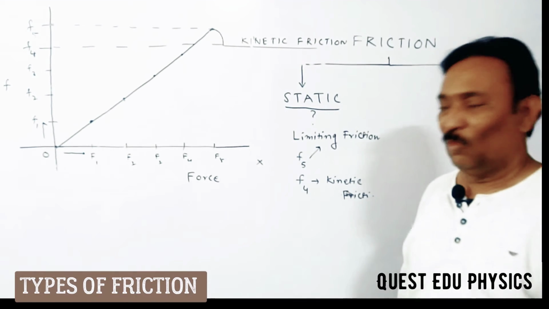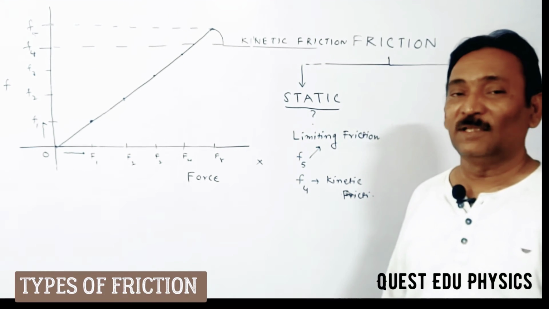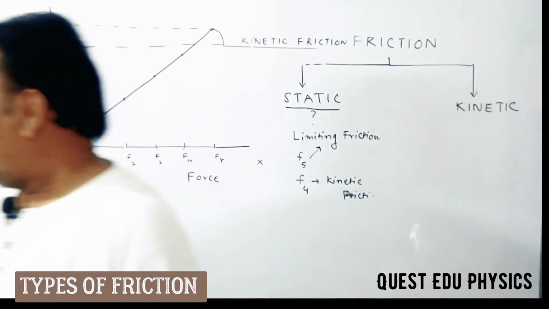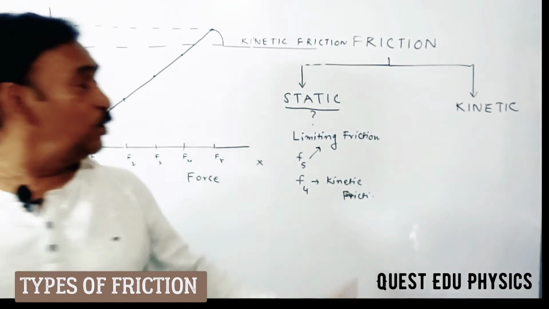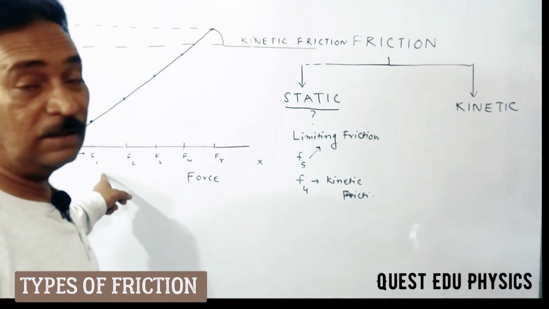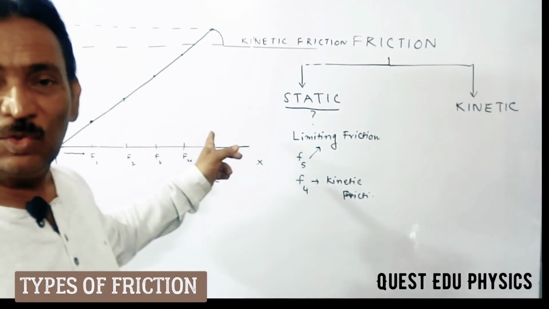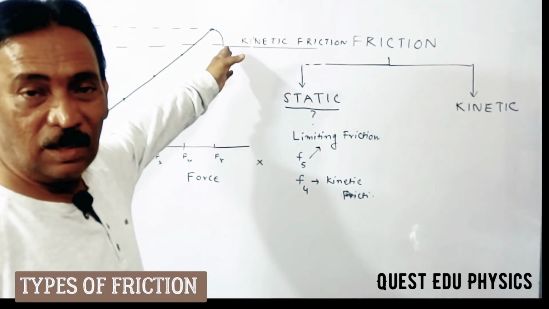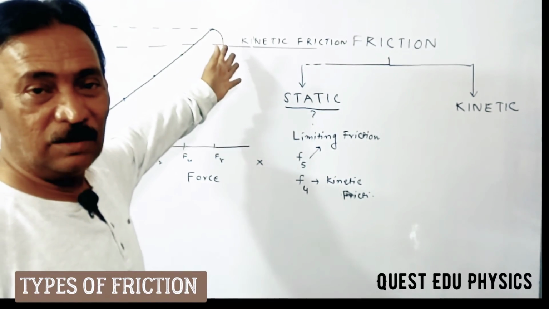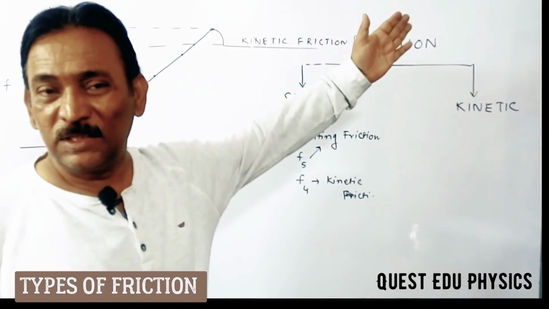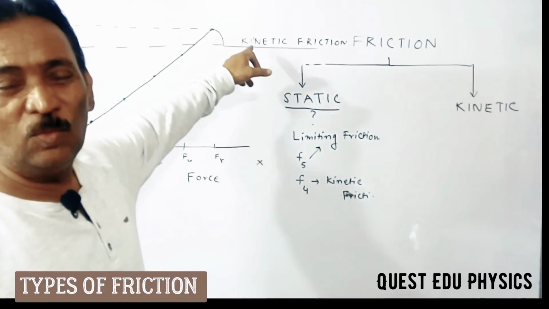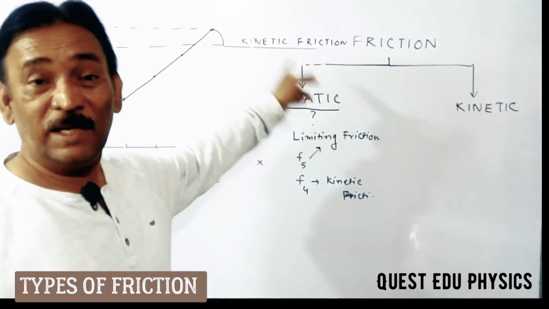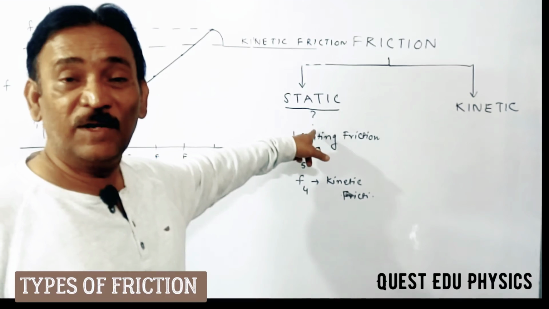I hope you understood what is the static friction and what is the kinetic friction. And you have to remember that friction is a self-adjusting force. I showed here, if you are increasing the applied force, the frictional force is also increasing. After reaching a particular point, it lost its opposing nature. Then the body is moving over the surface. Till it tends to move, we call it the static friction.